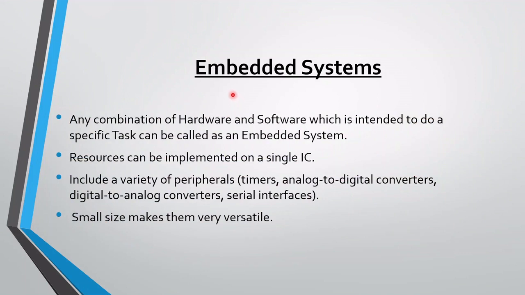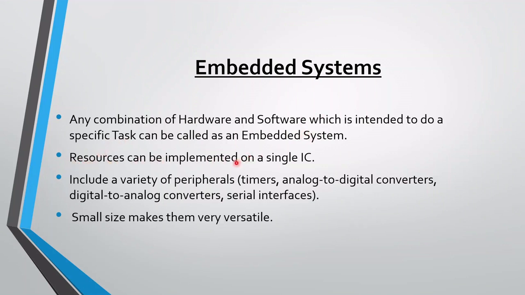Next is about embedded systems. So what is it? Any combination of hardware and software which is intended to do a specific task can be called an embedded system. For example, we can take a washing machine and a TV.